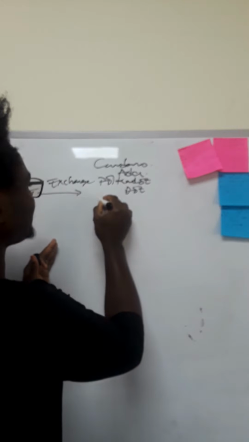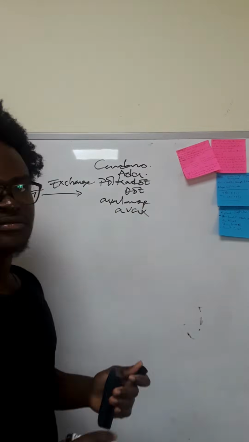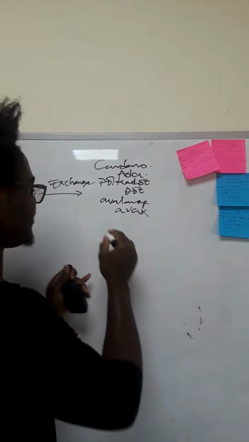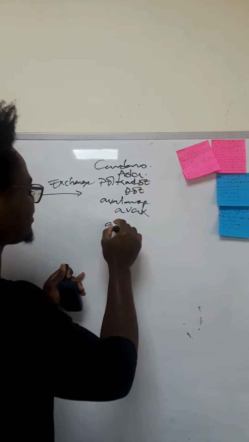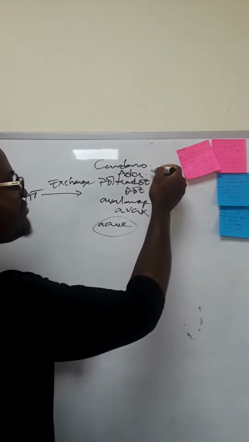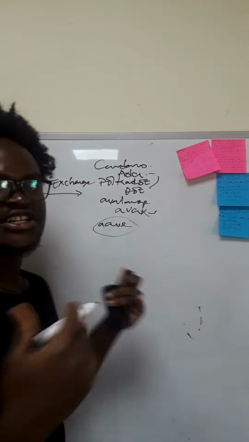Avalanche's abbreviation is AVAX. Some of them do not, like Aave, for example. Aave's abbreviation is just Aave. So some of them do not have an abbreviation, but most of them do, which are their ticker symbols.